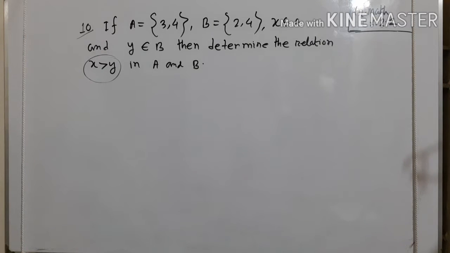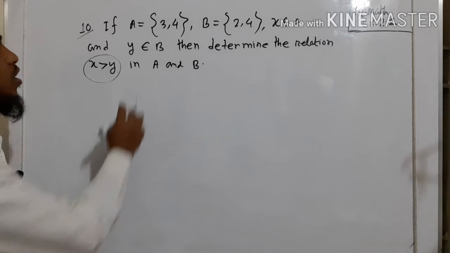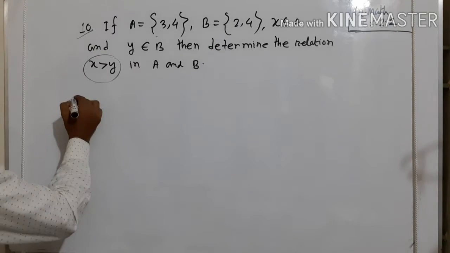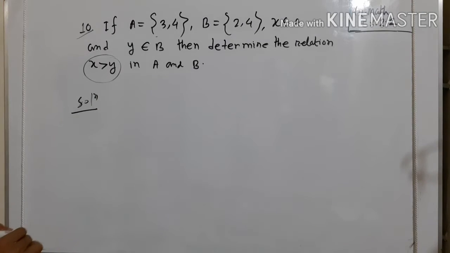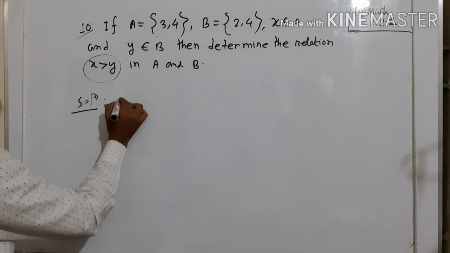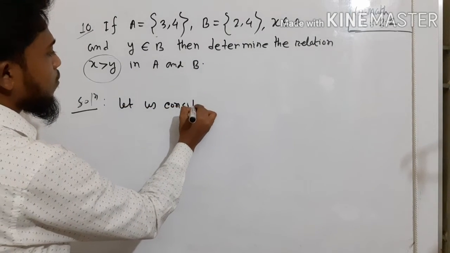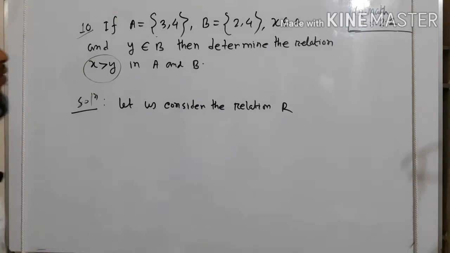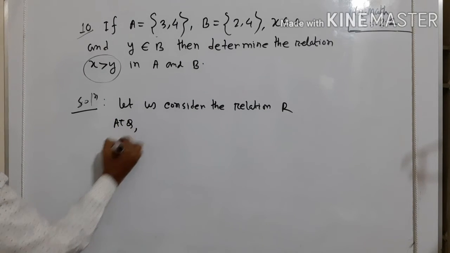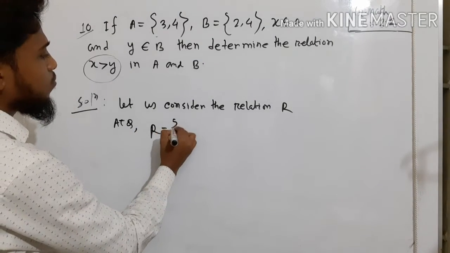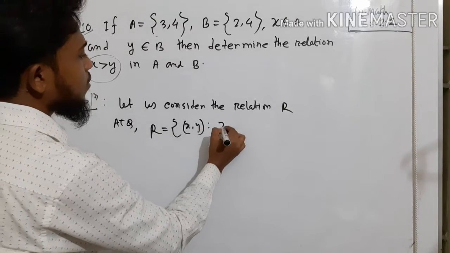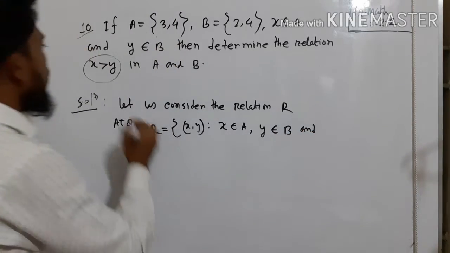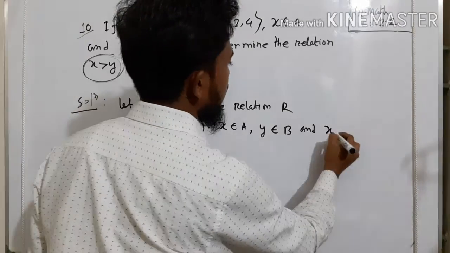first of all you have to find the Cartesian product of sets A and B. So look, let us consider the relation R. According to the question, R equal to {(x, y) such that x is in A, y is in B and our condition x is greater than y}.